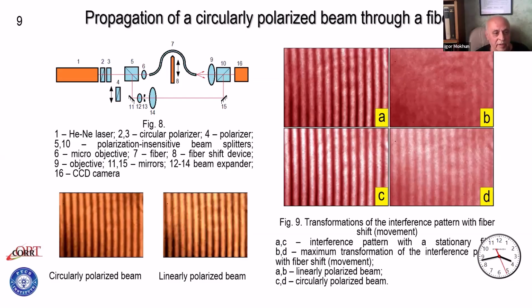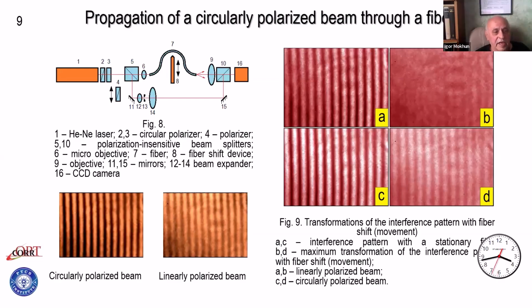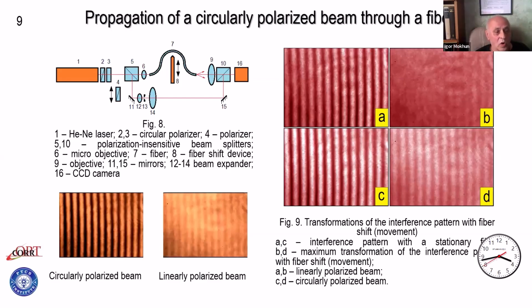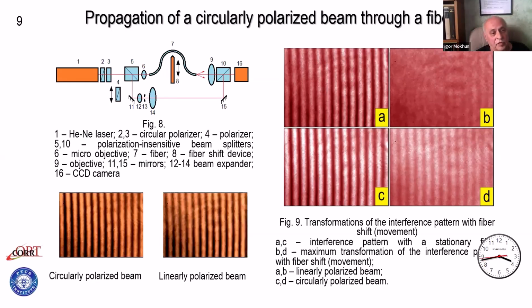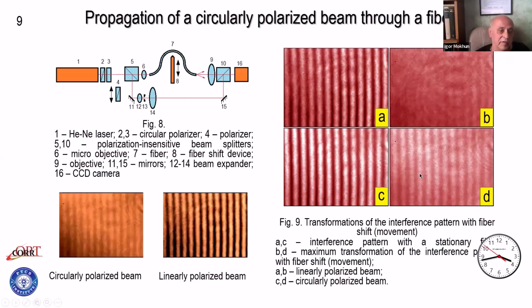our experimental conditions, it was possible to make only qualitative estimates. As we can see, the interference pattern is destroyed in both cases. However, for a circularly polarized beam, it is destroyed more slowly. This figure shows the moments of maximum transformation of the interference pattern.